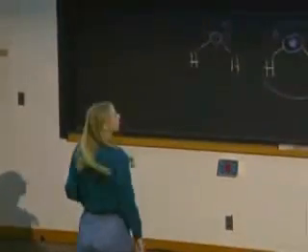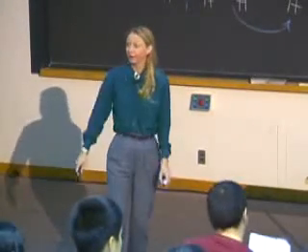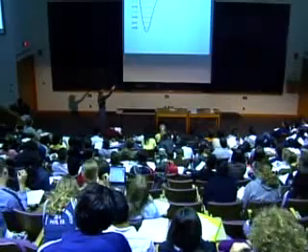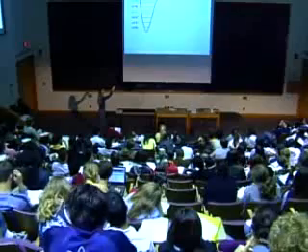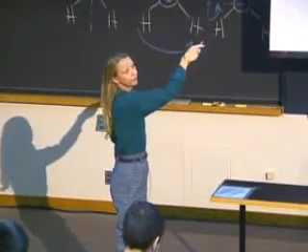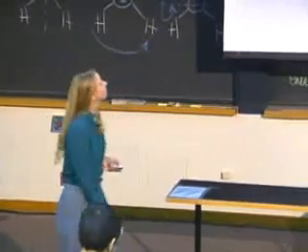These are the allowed vibrational energies. So in other words, the molecule can vibrate with this energy, or this energy, or this energy, but not some arbitrary energy like right in here or like right in there. These are the allowed vibrational states.